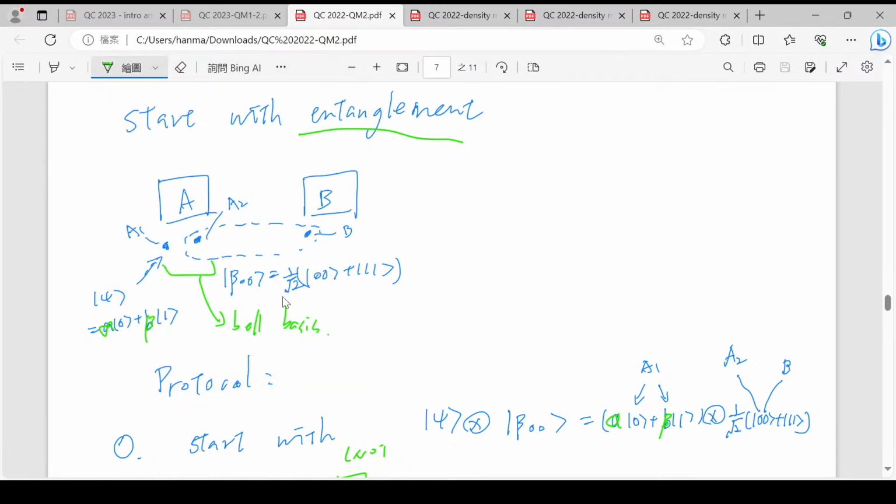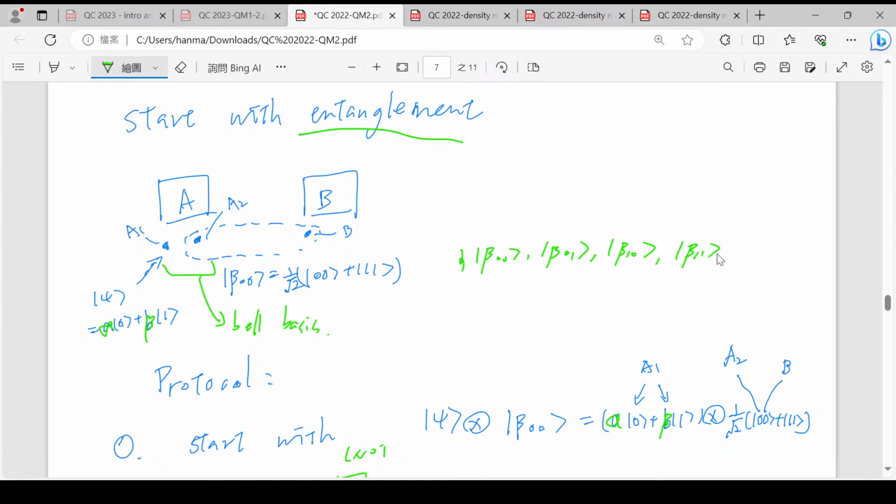Okay. So she wants to measure in Bell bases, and what you can do is kind of what we did at the start of the chapter. The Bell basis consists of the four states: beta 00, beta 01, beta 10, and beta 11.